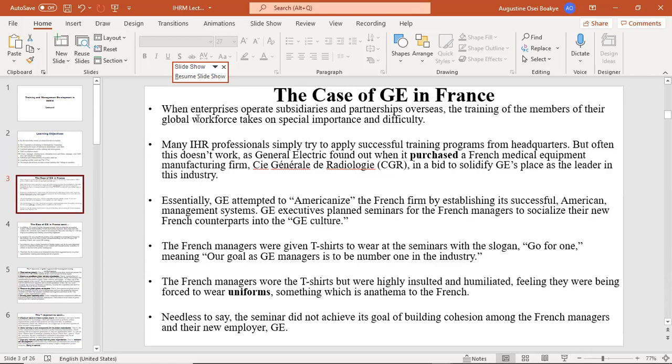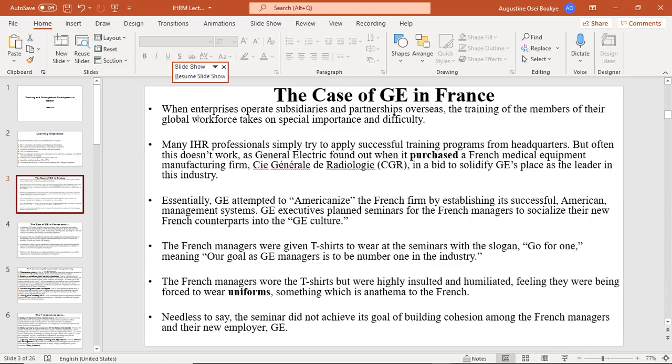It was strictly abhorred in the French culture, even though the Americans were trying to impose it on them. So there, you can see that some of their cultures are clashing.